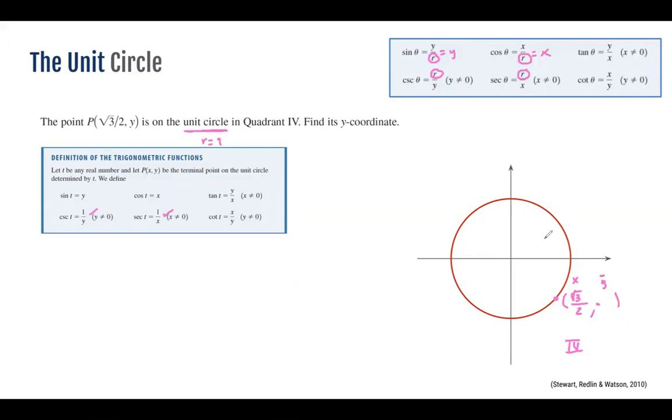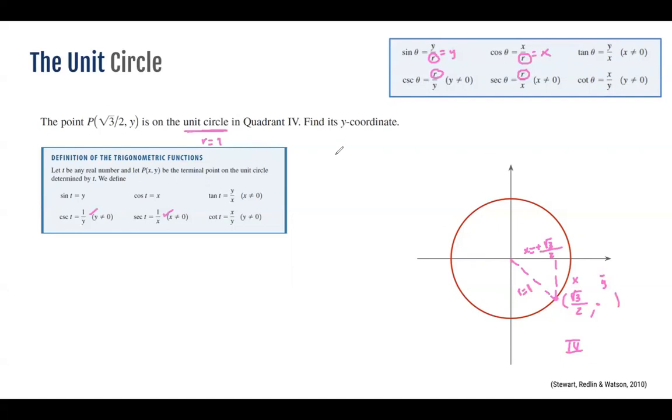So always take a close look at the quadrant and have that preset on your coordinate so you don't forget about it. And if you want, you can even try to sketch it as a triangle if it helps. r is already 1, and we have x as positive, square root of 3 over 2. So now it's just about finding y.